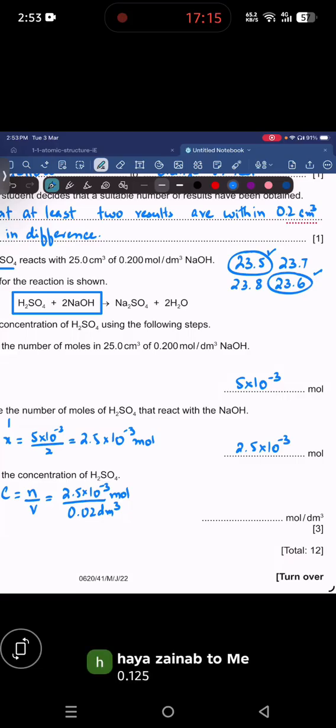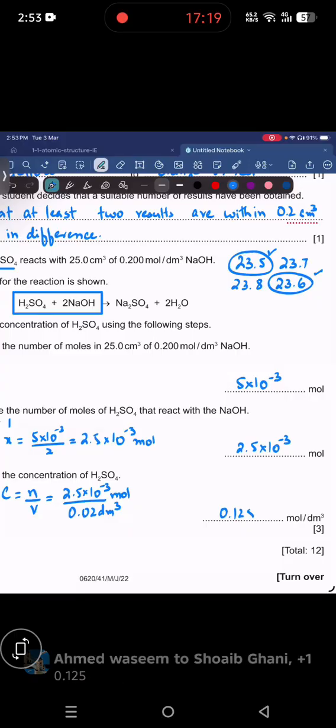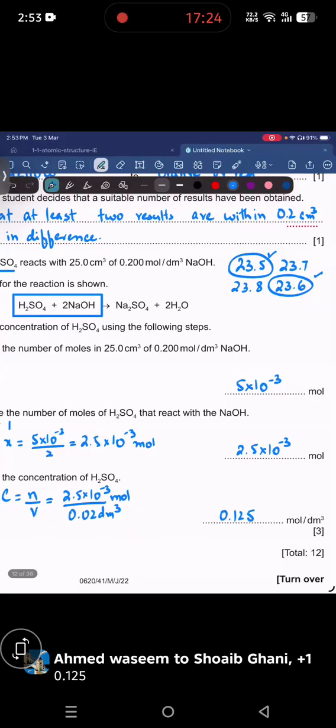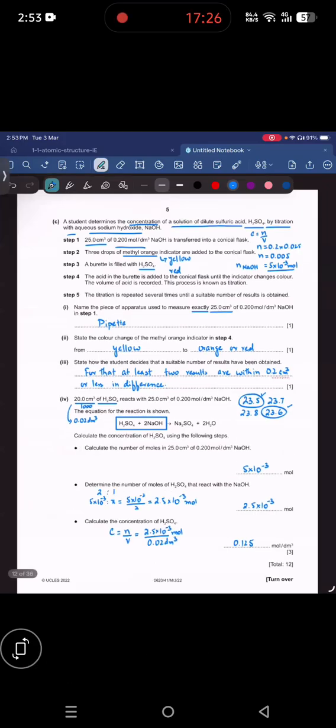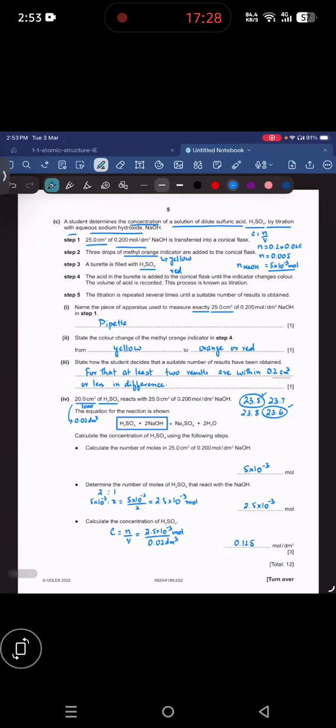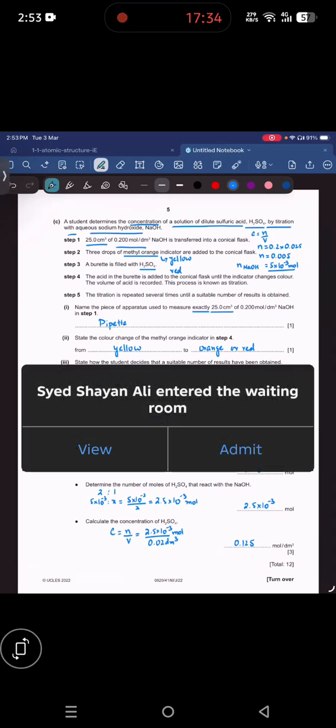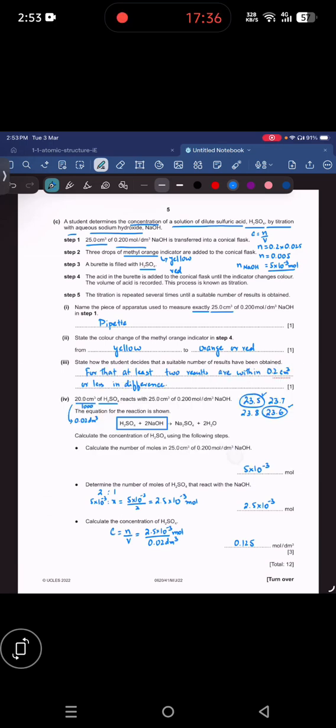Thank you, here Zainab: 0.125 mole per dm cube. Yes, any question from any one of you? Is this part clear to you? Okay.